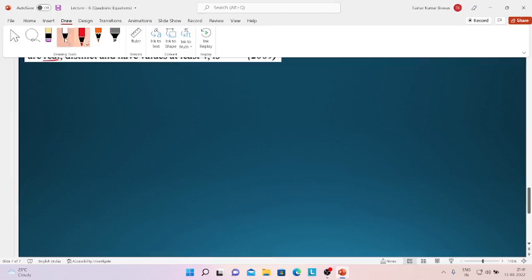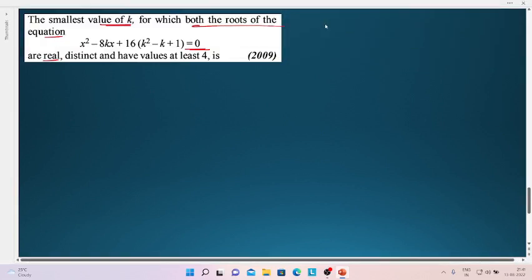So what are the basic points? We have to find out the smallest value of k, right? And the second point is roots are real and distinct, right?